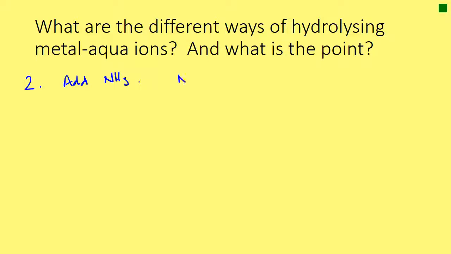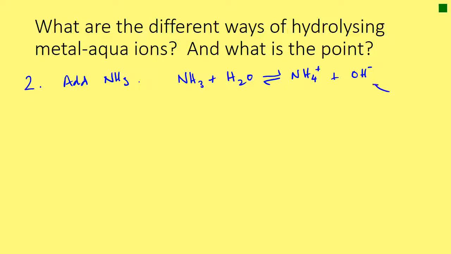Because when ammonia dissolves in water, it reacts with the water and you get ammonium, because it's accepted a proton from a water molecule and leaves that water molecule as a hydroxide ion.